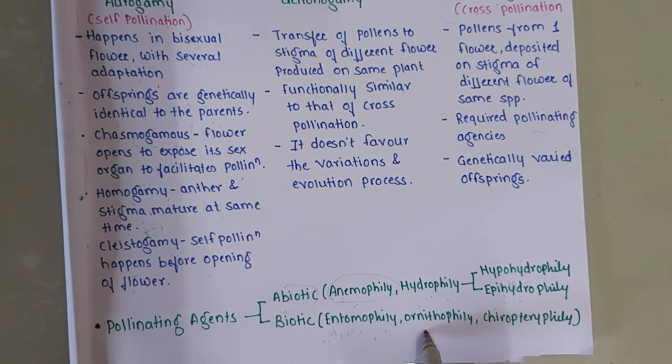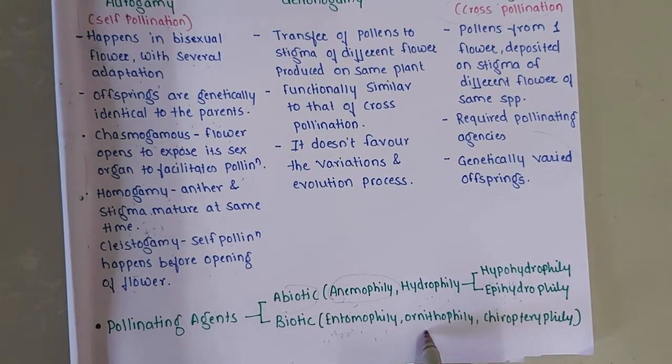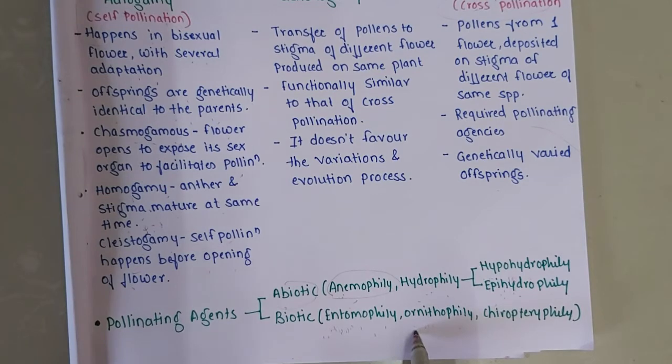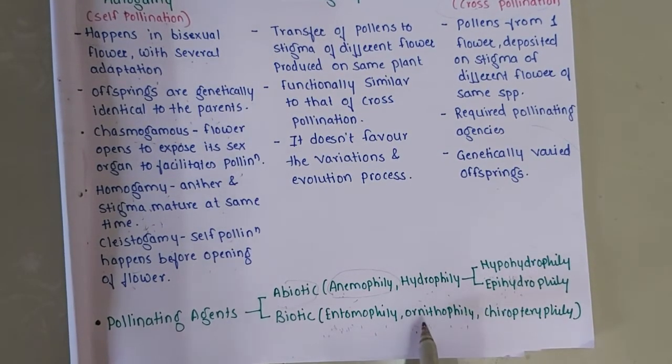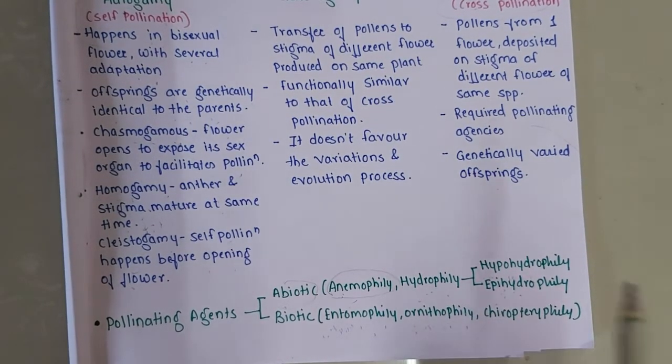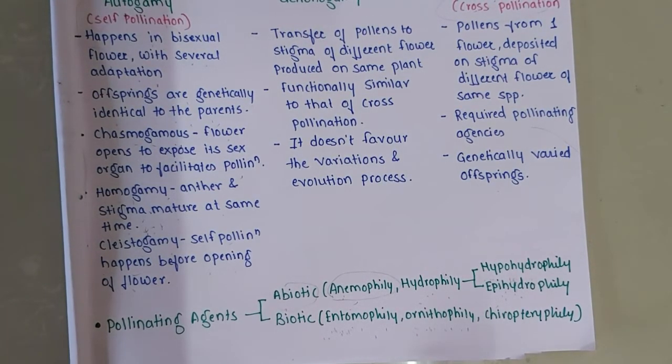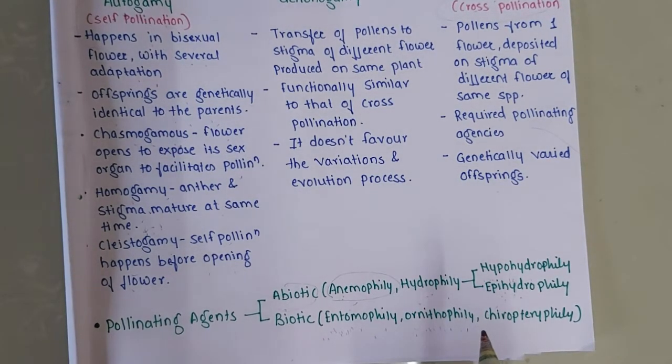Ornithophily is nothing but pollination by birds, like ornithology, the study of birds. Okay, the examples they have given are Bombax, Bottlebrush, etc. Again they have given the adaptations for the flower. You just read it out from your textbook.